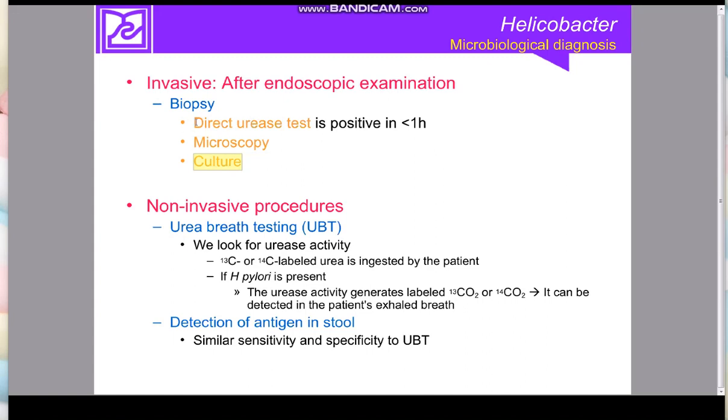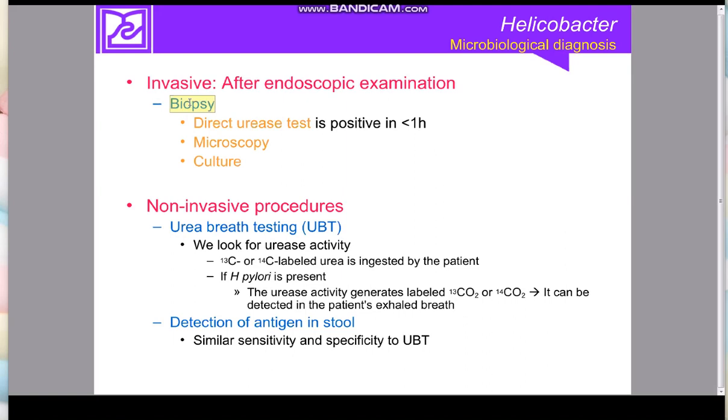Or the easiest way is to detect the enzyme urease in this biopsy. This is the most useful method to detect Helicobacter pylori. This is very fast, in less than 1 hour. So this is the diagnosis of Helicobacter pylori infection using invasive procedures through endoscopy, taking a biopsy.